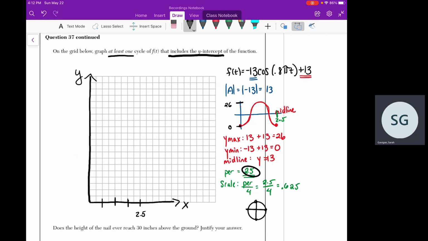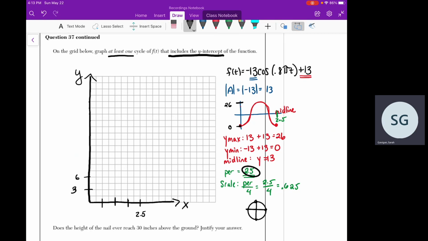Now I have to go up to 26. So let's see how we can count here. Usually the graphs are 20 by 20 boxes, so I can't count by ones. What I'm going to do is make every 2 boxes, 3.